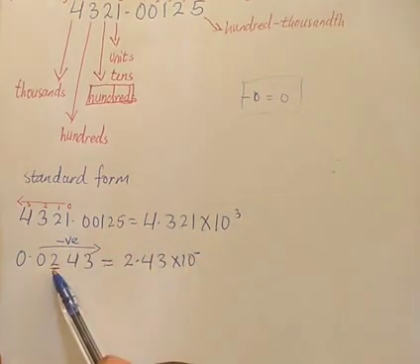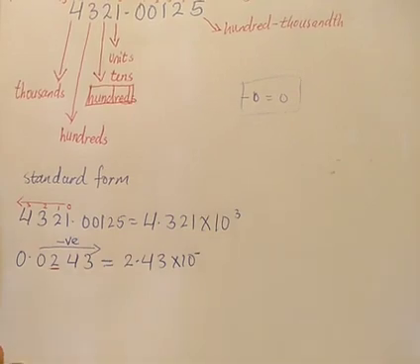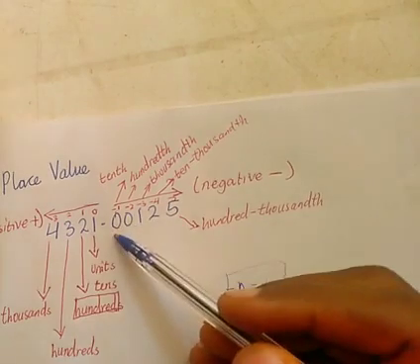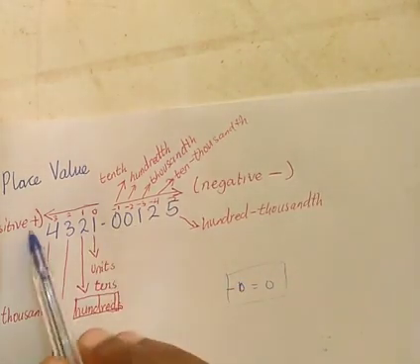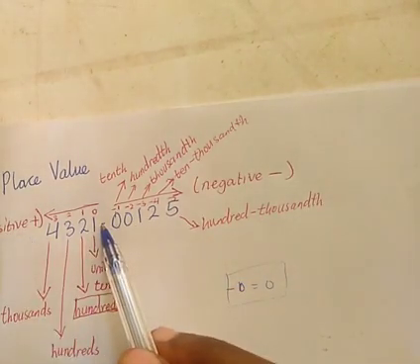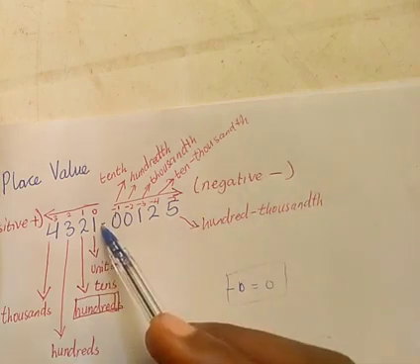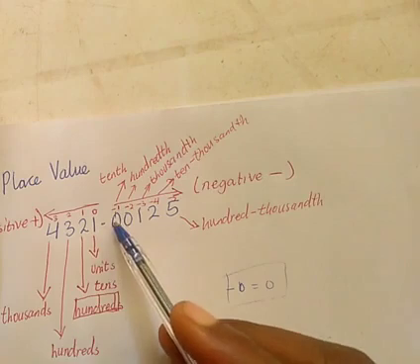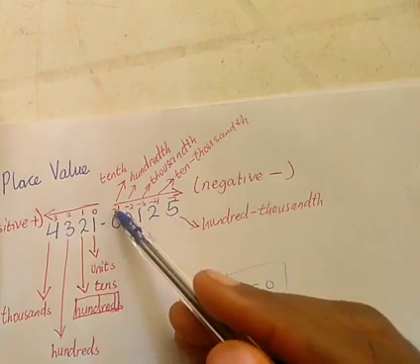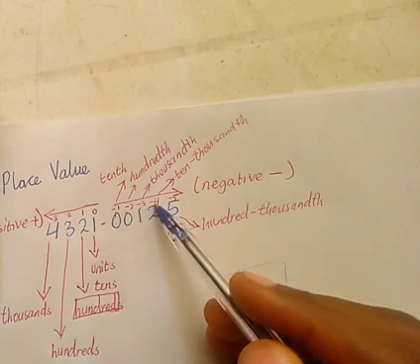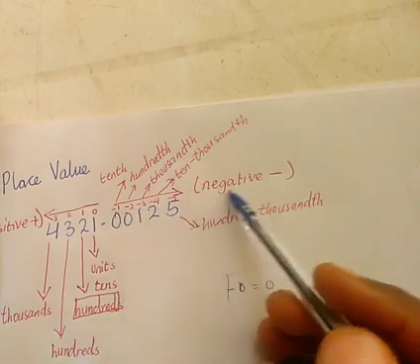Now, before we move on, let me quickly show the other part here. Look at this, what we have here. As we have explained the first part, the second part now is after the decimal. So everything to the right of the decimal point, the first digit is going to be minus, everything is going to be negative. Minus 1, minus 2, minus 3, minus 4, minus 5. It goes on.